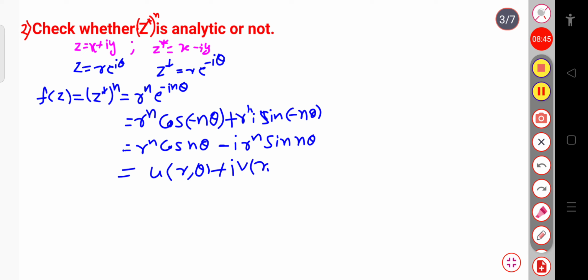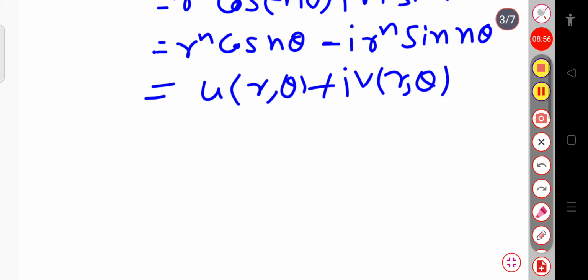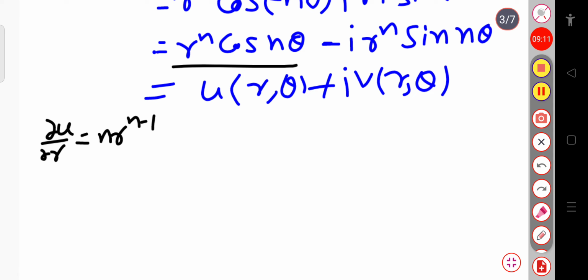So here u equals r power n cos n theta and v equals minus r power n sin n theta. I am solving for dou u by dou r first. With respect to r we take the derivative, so dou u by dou r will be n into r power n minus 1 into cosine n theta.